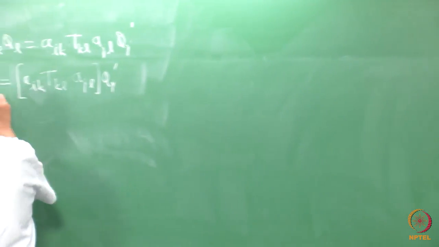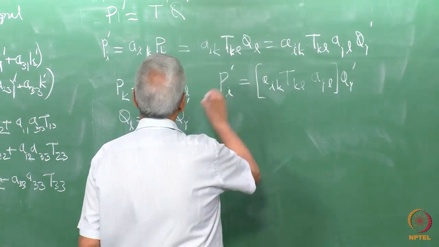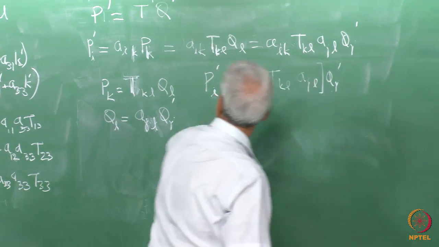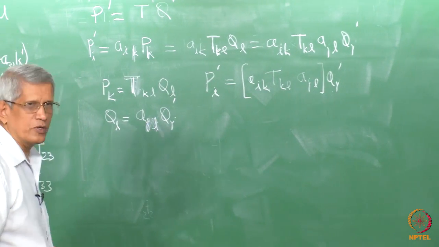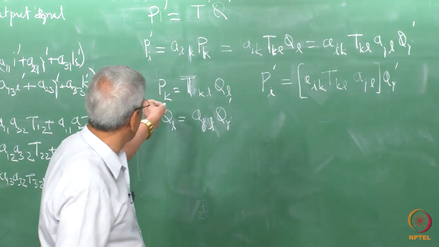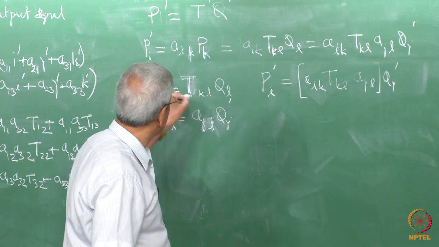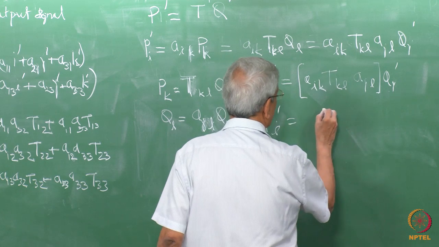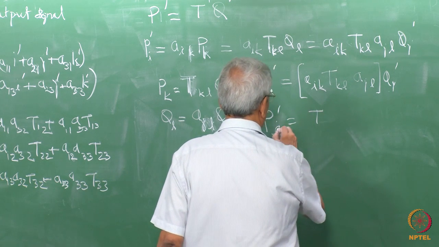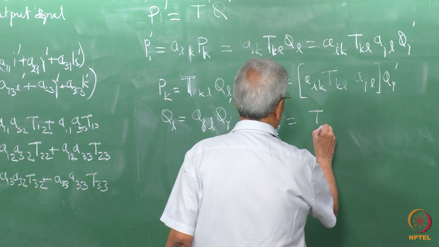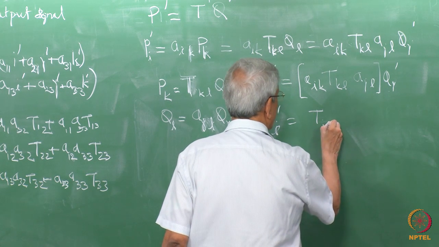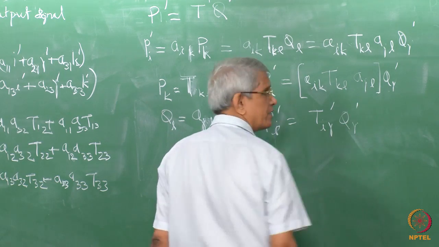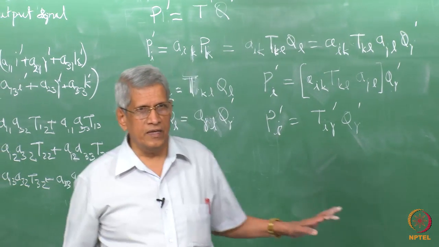So, that means that if we write the relationship between this vector and this vector, with respect to the coordinate system which we have considered here, this will be Pi dash equals TIJ dash QJ dash. This clear?